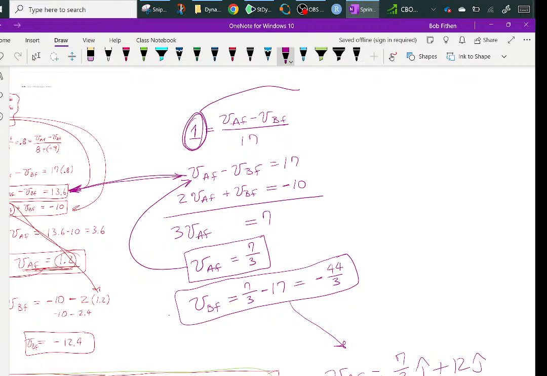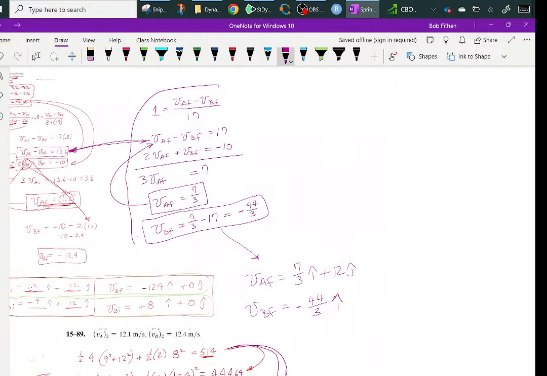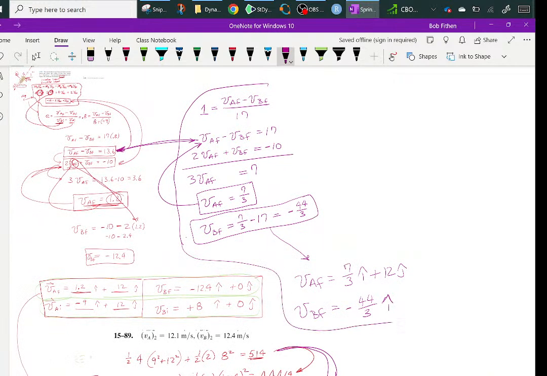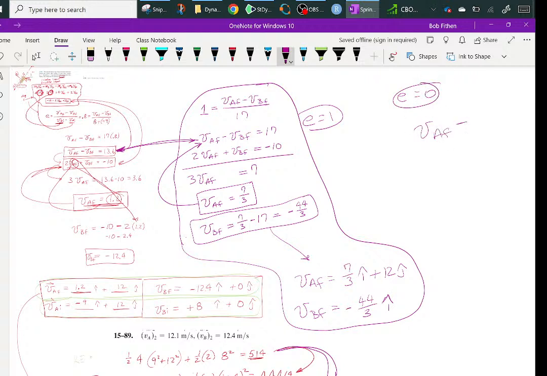So this is all for e equal to 1. Recopy it over for e equal to 0, and you get VA final equals VB final.